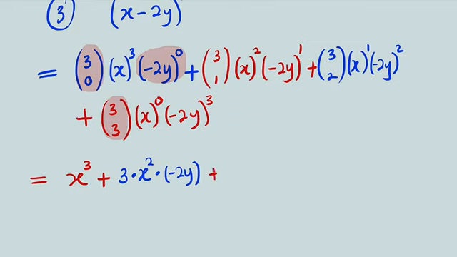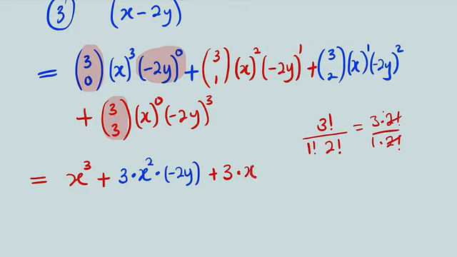We take the next term. That is when we have 3 combination 2, 3 factorial, divided by 3 minus 2 is 1 factorial, then 2 factorial, which is equal to 3 multiplied by 2 factorial, divided by 1 times 2 factorial. This will cancel this, so we have 3 here. Then x to the power of 1 is x.